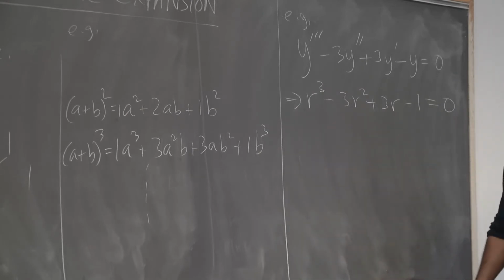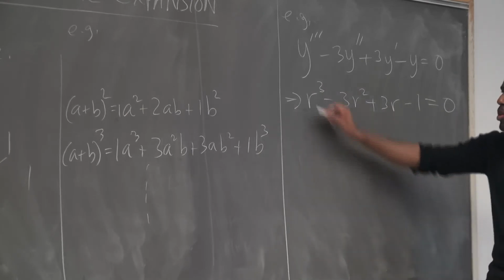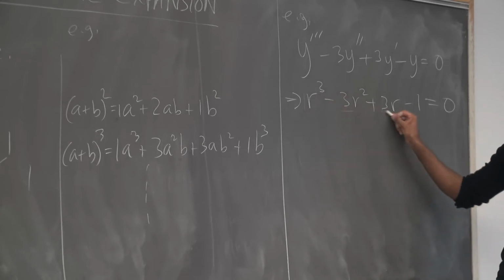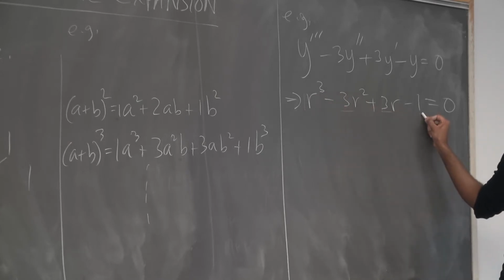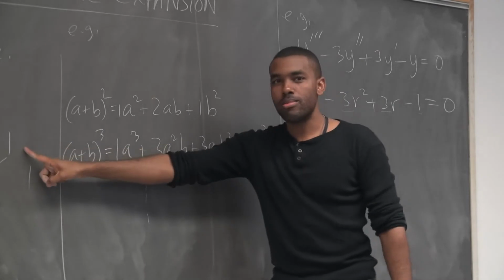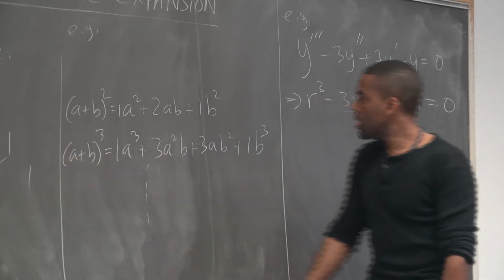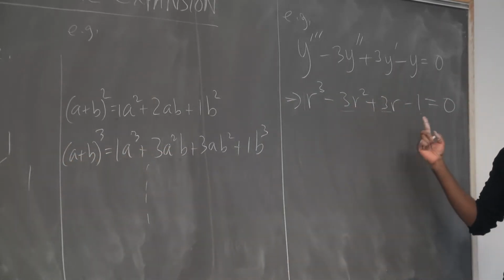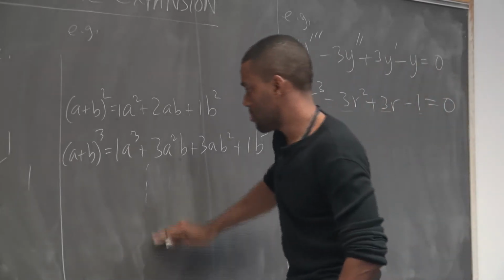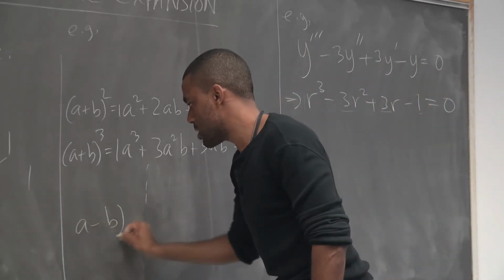So the idea is here, I look at this and I'm like, 1, 3, 3, 1. Right? Which is probably a cube of something. Now the signs alternate, but that could be just putting a minus in here, right?